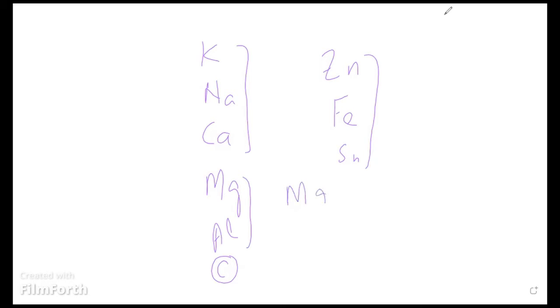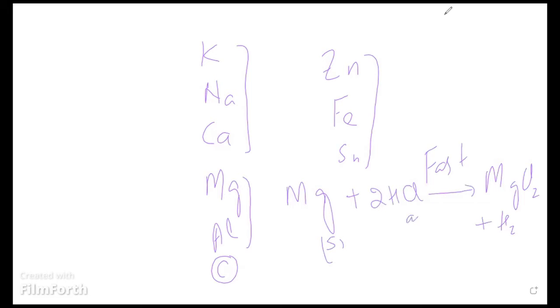Magnesium reacts with dilute hydrochloric acid to form magnesium chloride plus hydrogen gas. This is a fast reaction. During the reaction, bubbles of hydrogen gas are formed very quickly.